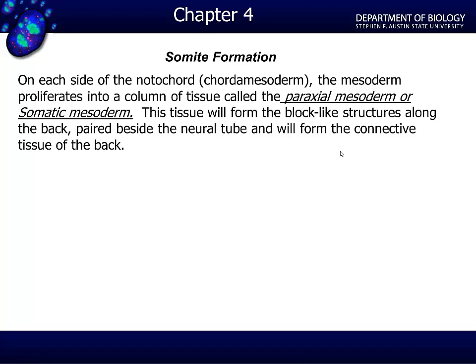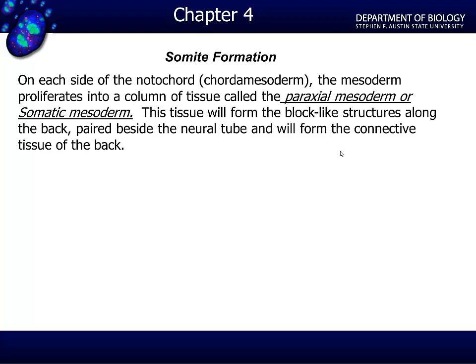Now, that leads us to yet another major thing happening in this early third week or so of development. We talked about mesoderm formation. We talked about the distinction between our chordomesoderm and our lateral mesoderm.